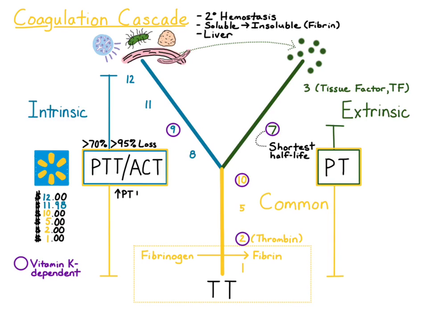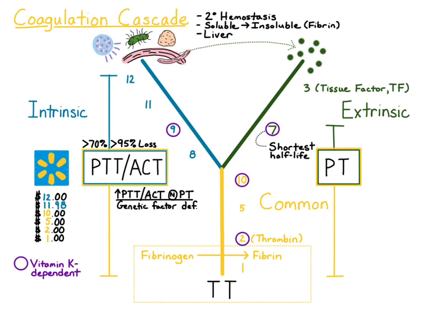So now let's look at some causes for a prolonged PTT or ACT with a normal PT. So first of all, that could be a select factor deficiency. So a genetic factor deficiency where the animal has a defective or very small amount of the factor from birth.